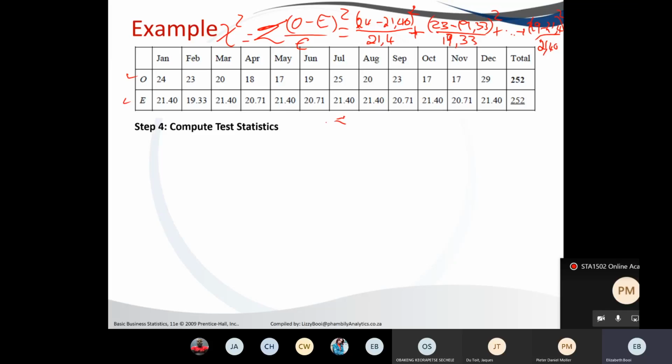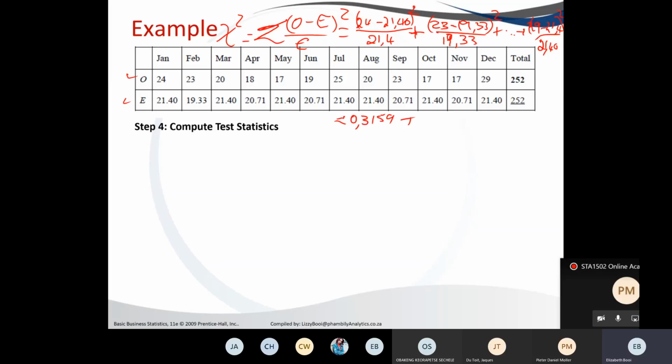And when you work it out, you will say 24 minus 21.40 equals, and you square the answer, and that gives you 6.76, and you divide that by 21.40, and the answer you get will be 0.3159, plus.